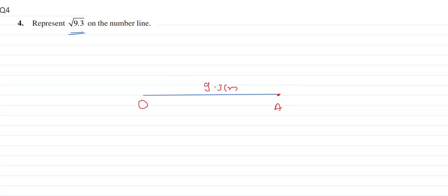So from the figure, OA that we have constructed is 9.3 centimeter, and OB will be OA plus AB, that is 9.3 plus 1, so it will be 10.3 centimeter, right?